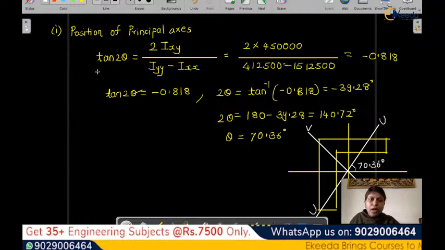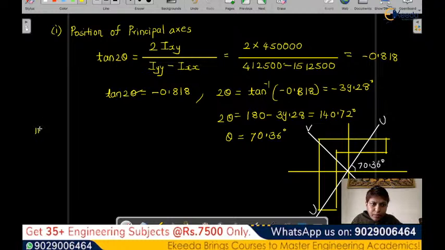Now the last part of this question is the value of principal moment of inertia. That is the second point we have to find. What is the value of principal moment of inertia?